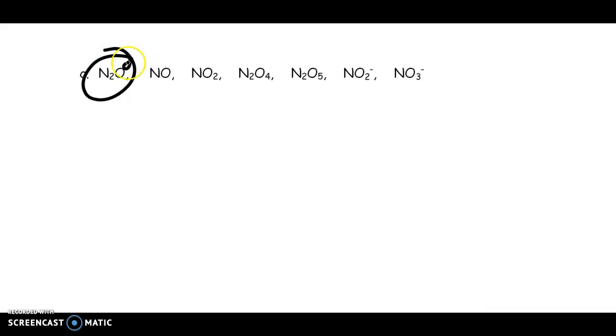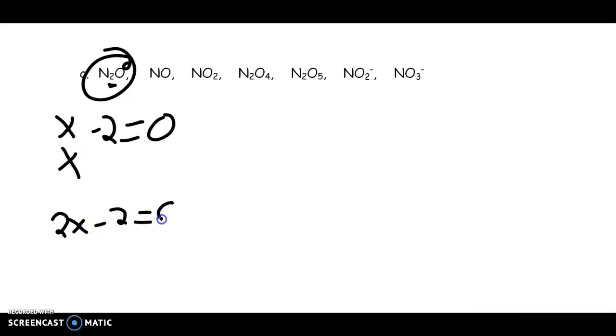Again, there's no charge on this compound, so we're going to set the whole thing equal to 0. You have only 1 oxygen, so just 1 -2. We have 2 nitrogens, so there's going to be 2 x's, because we don't know the charge on any of the nitrogens, and there's 2 of them. So our algebraic expression is we have 2 x's minus 2 equals 0. We're trying to solve for x, so again, our first step is going to do the opposite sign of what's happening here to move this onto the other side.